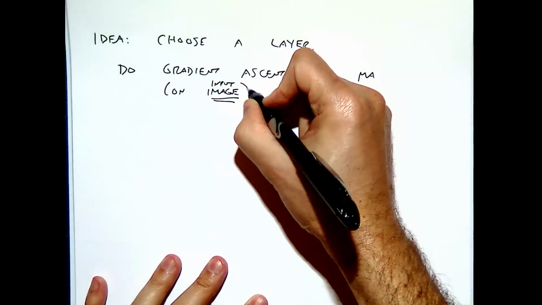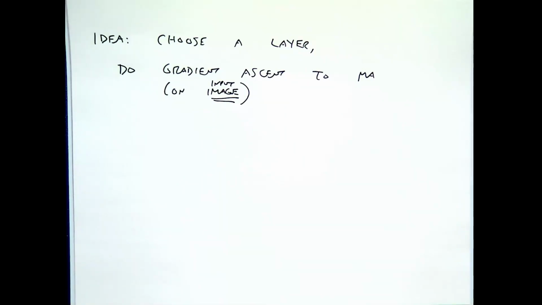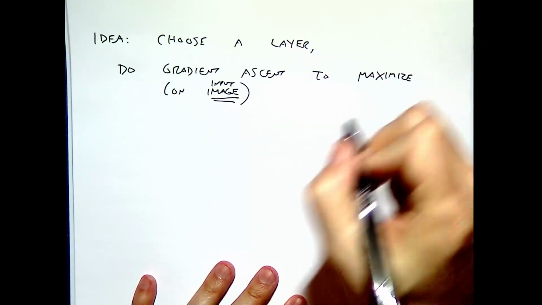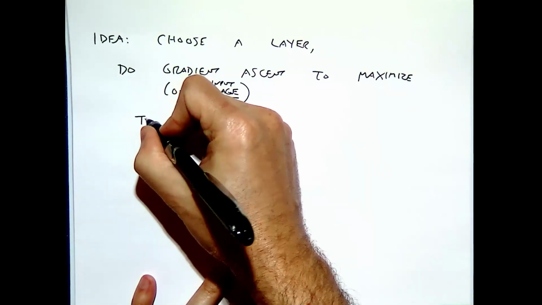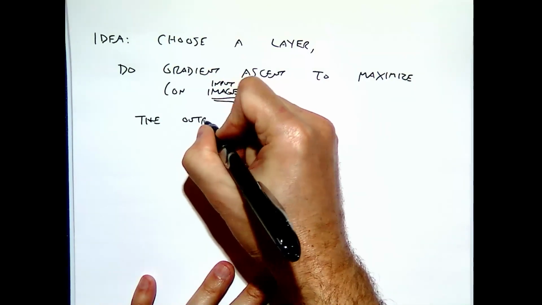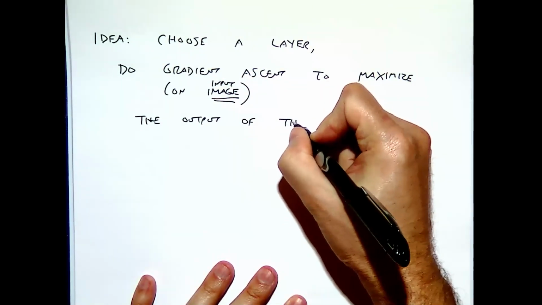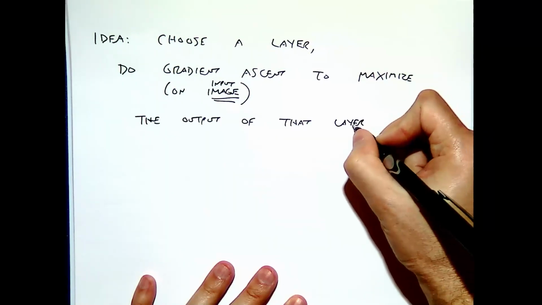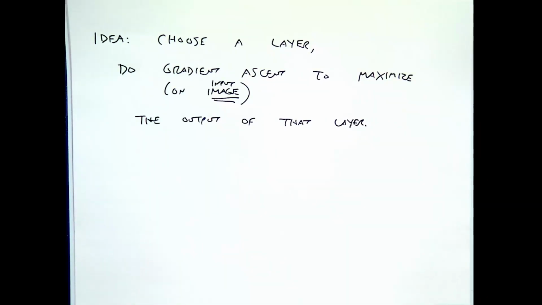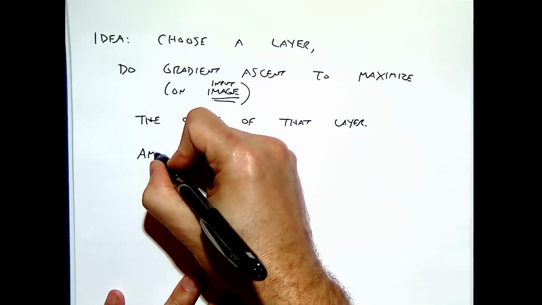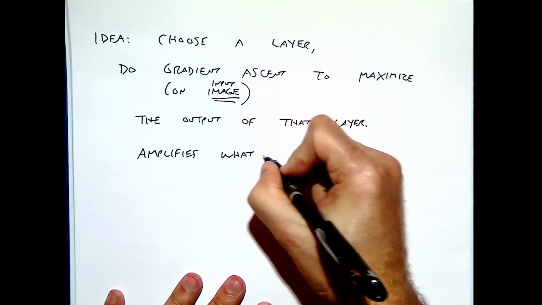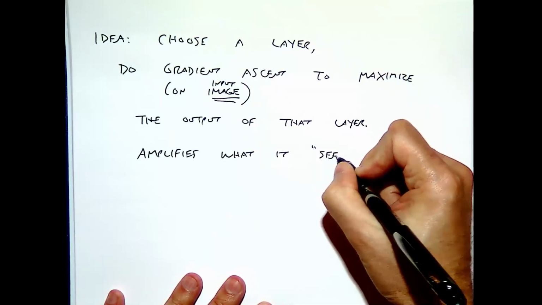So it's like I'm trying to figure out what input image will cause the layer to respond as much as possible, right? So I'm basically trying to maximize the output of that layer. So it's amplifying what it responds to or sees.